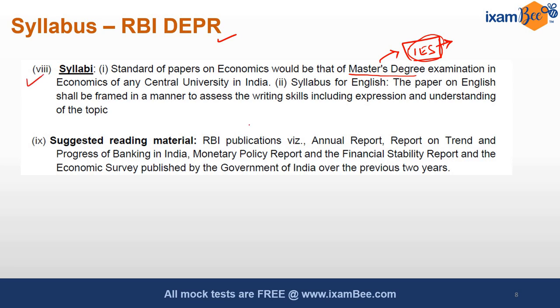And additionally, in the syllabus they ask you to read RBI publications, the annual report, financial stability report, monetary policy report, all these reports which RBI publishes from time to time. Obviously, if you wish to work at an organization, then you must be aware of the working of that particular organization and the reports and publications it carries out throughout the year.